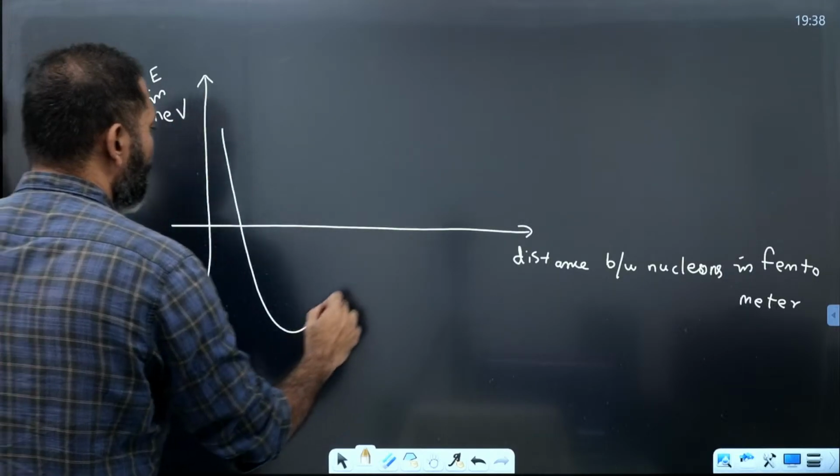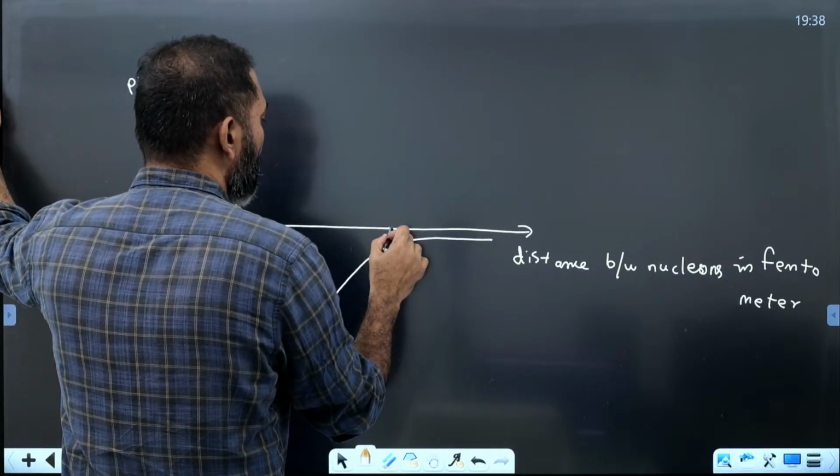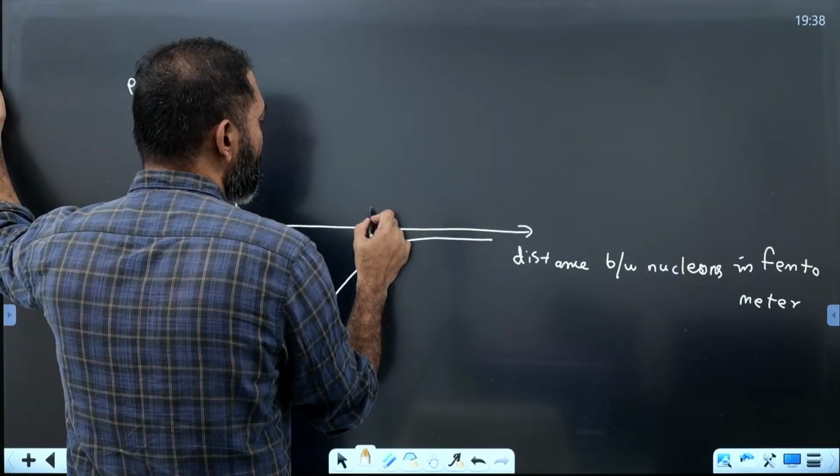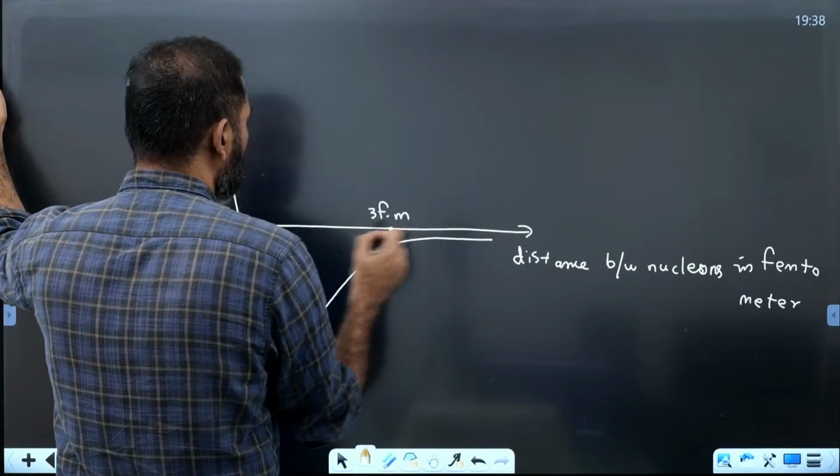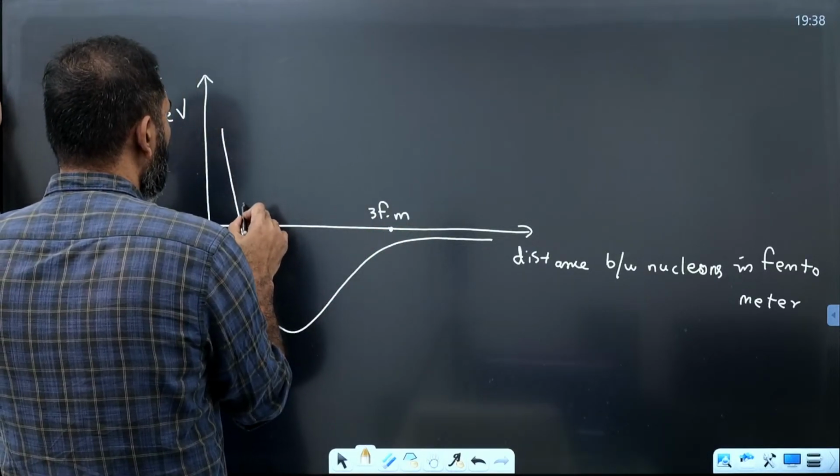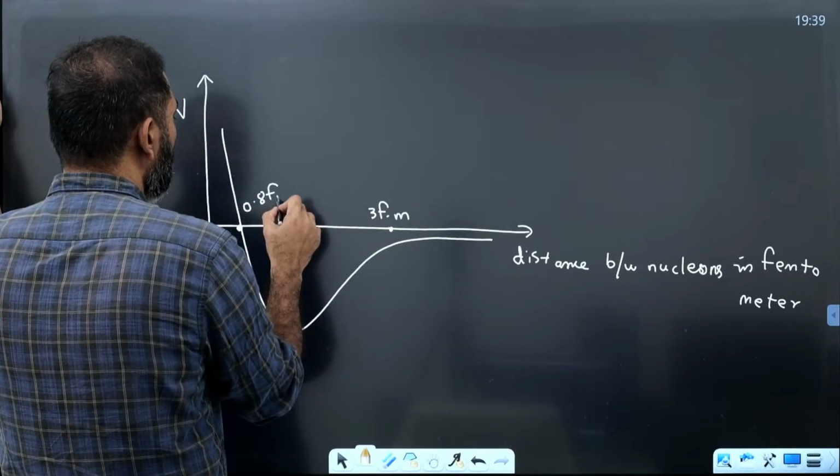We will get a graph like this, and there are certain points to be marked.